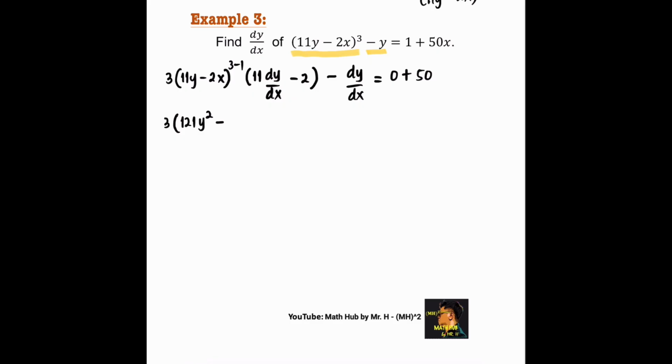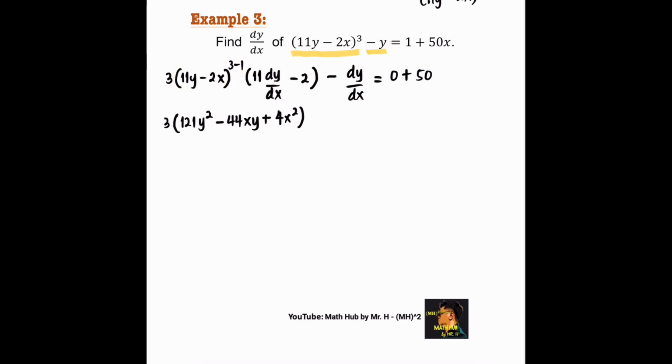So 2 times 11 is 22, times 2 is 44. Then we multiply x and y, plus we take the last term and square it. So 2 times 2 is 4, and then x times x is x squared. So that is the expanded form of this one.